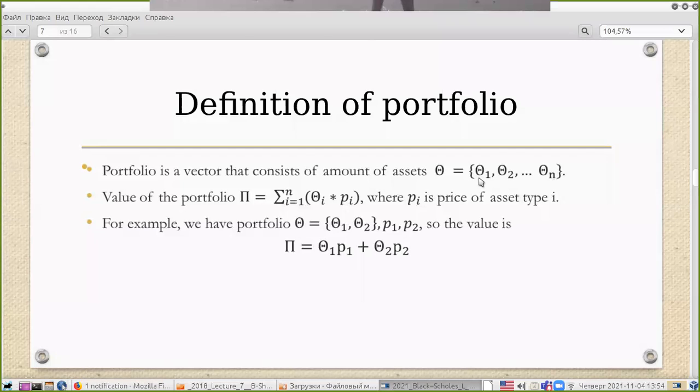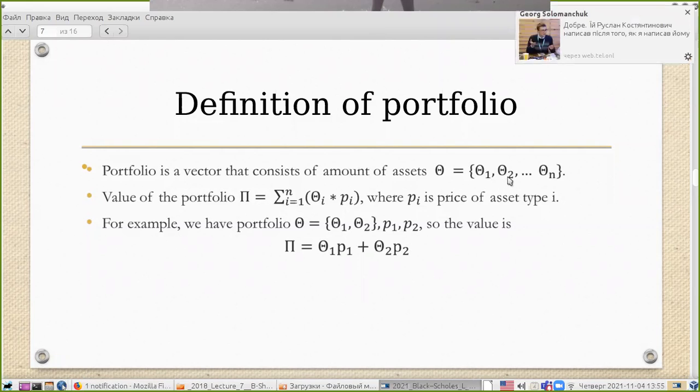For example, theta 1 is 3, and it is the amount of stock named Facebook. Theta 2, for example, is the amount of stock named, I don't know, Google, and so on.